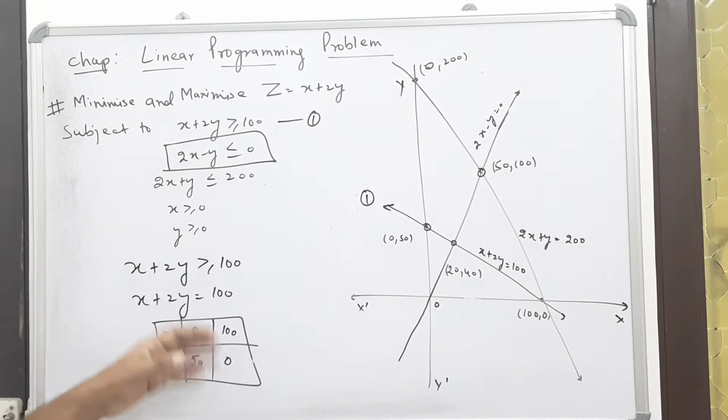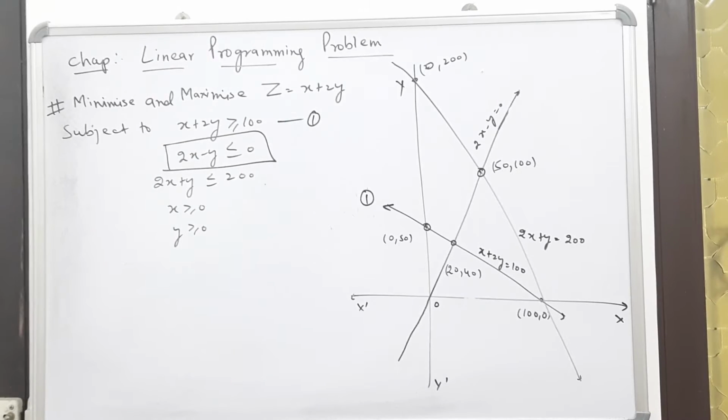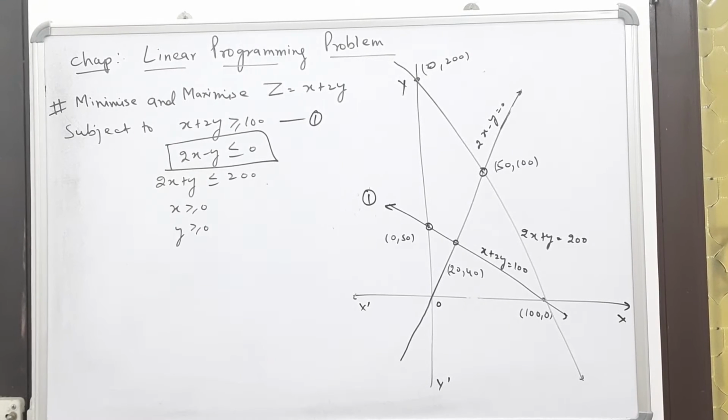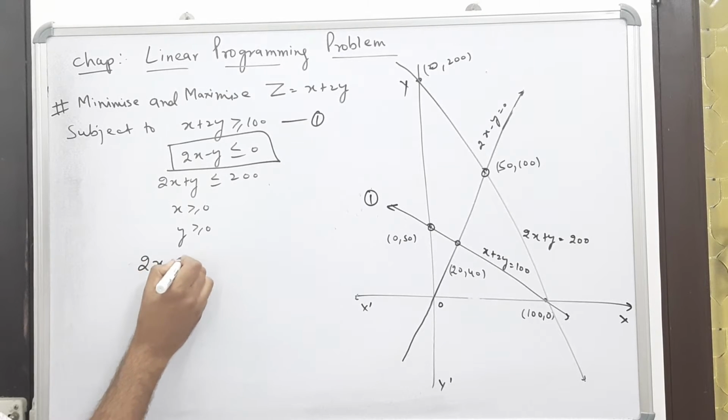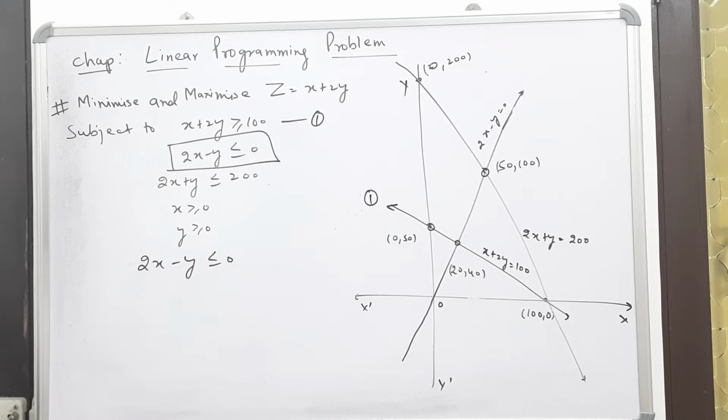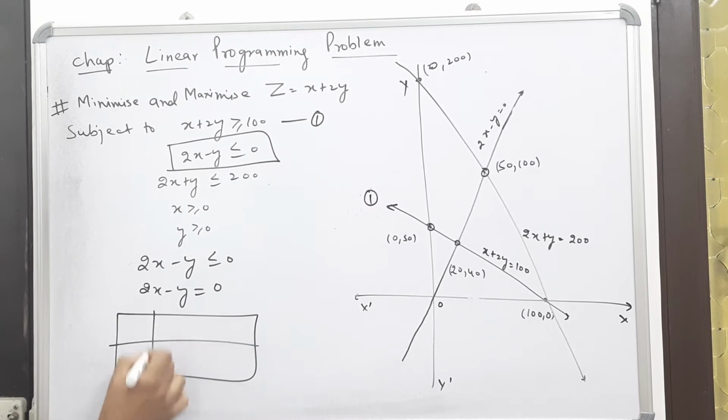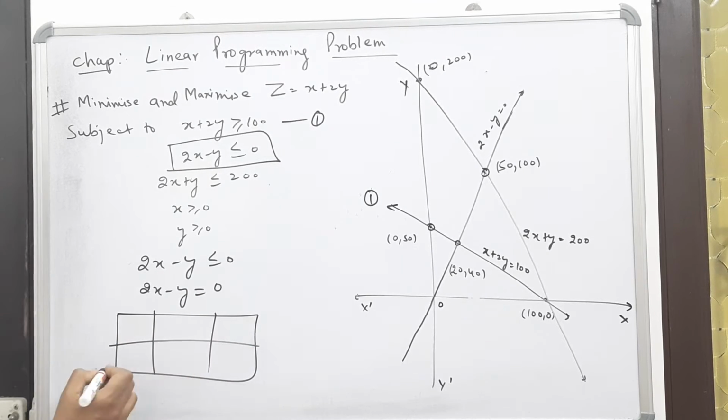For the second part, again we have to make the table. For the second equation, it is 2x minus y less than or equal to 0, so we draw 2x minus y equals 0.